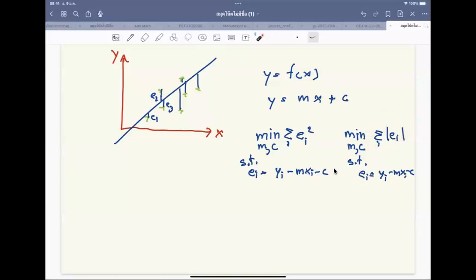Okay, however, if we choose to use this one, if we have outlier, right? Some data point which is really far away from the prediction, resulted from typical error, we call outlier.